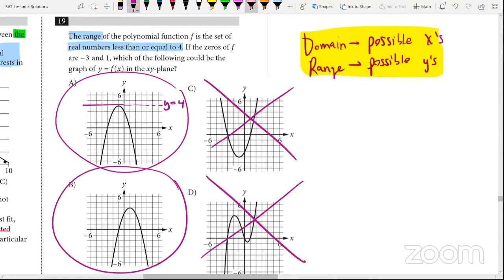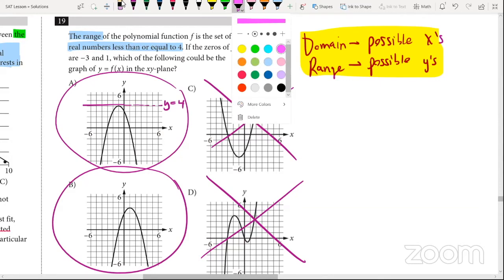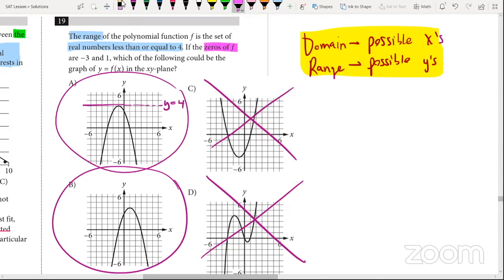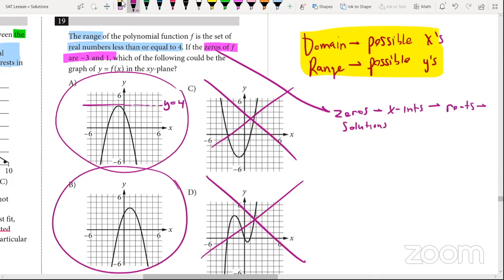Now we're talking about the zeros. The zeros is a very important SAT word. The zeros, the x-intercepts, these are all the same thing. The roots, the solutions, and with one little minor tweak, the factors are also included in that.